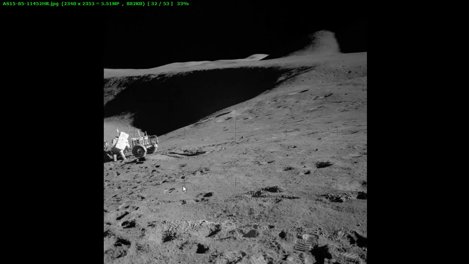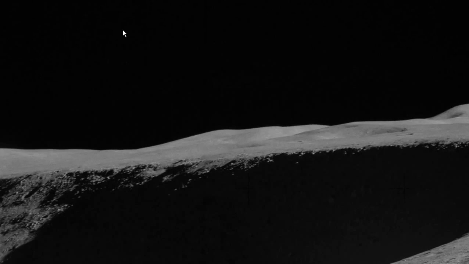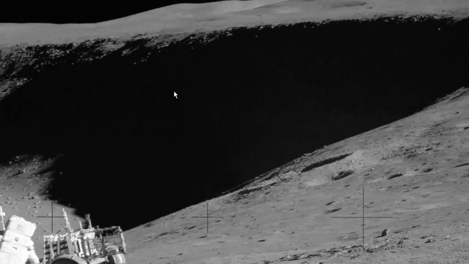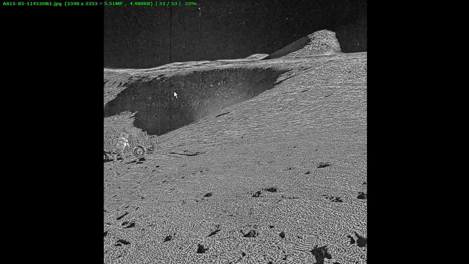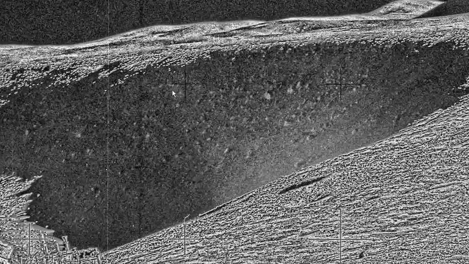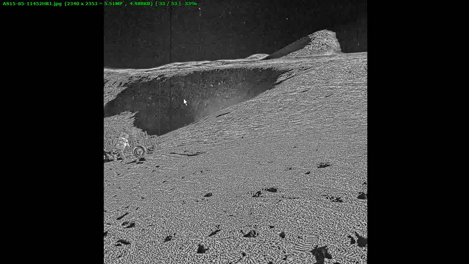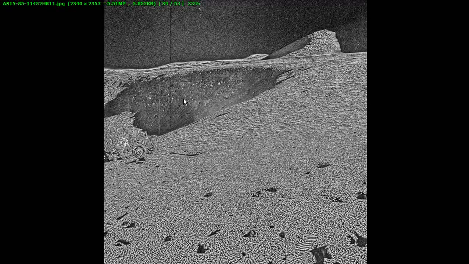And just to prove it, we have the following image. Pit. We can even distinguish a couple of rocks now. Better contrast, and there they are, the rocks. So whatever they saw in the pit, we are not supposed to see. That's obvious.